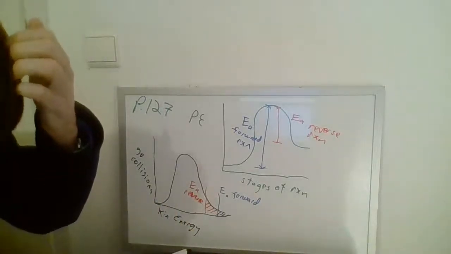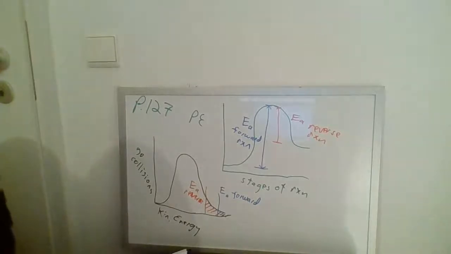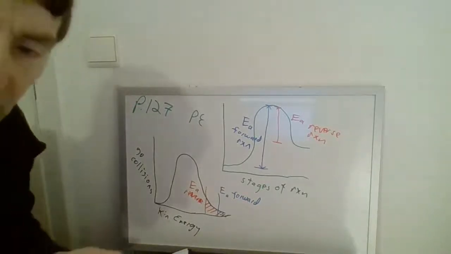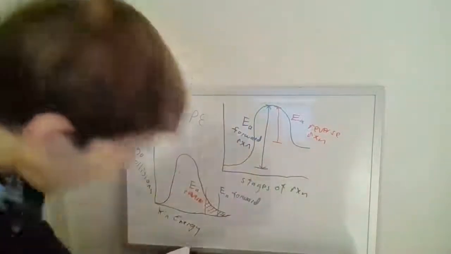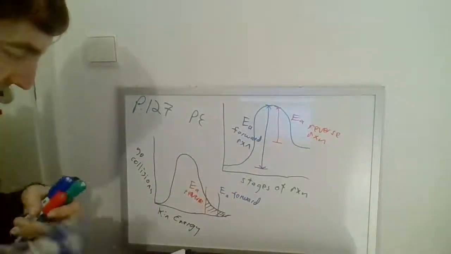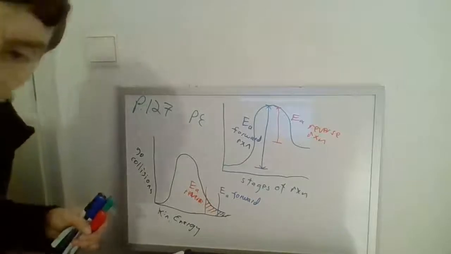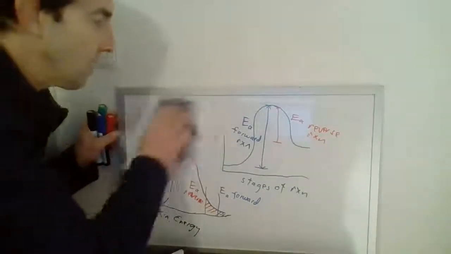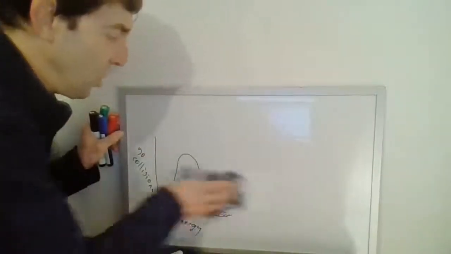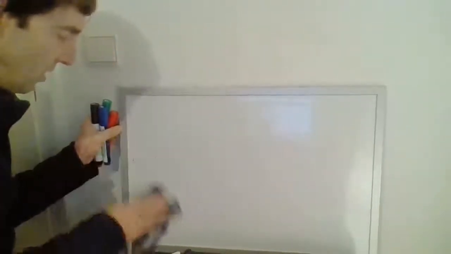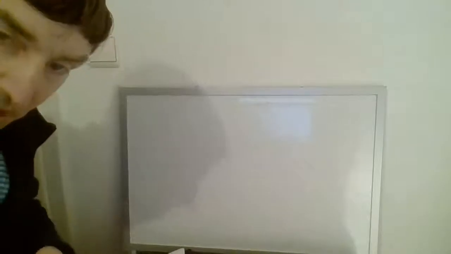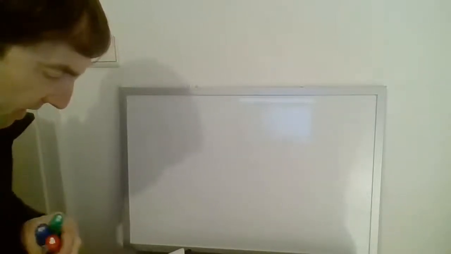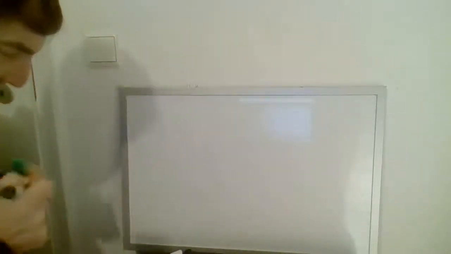Now, you there? Okay. The last thing that's new out of this chapter, I don't know why she put it in this chapter because it really belongs in the next chapter. It's page 138.